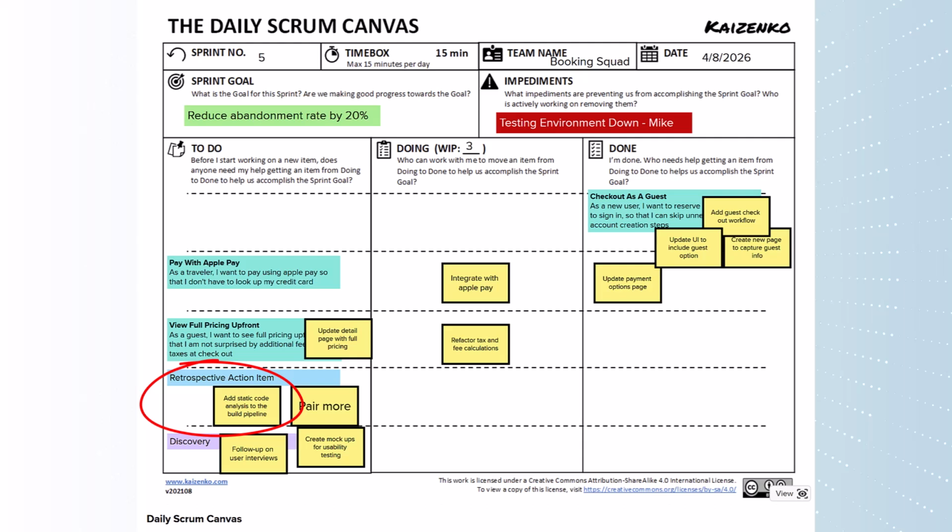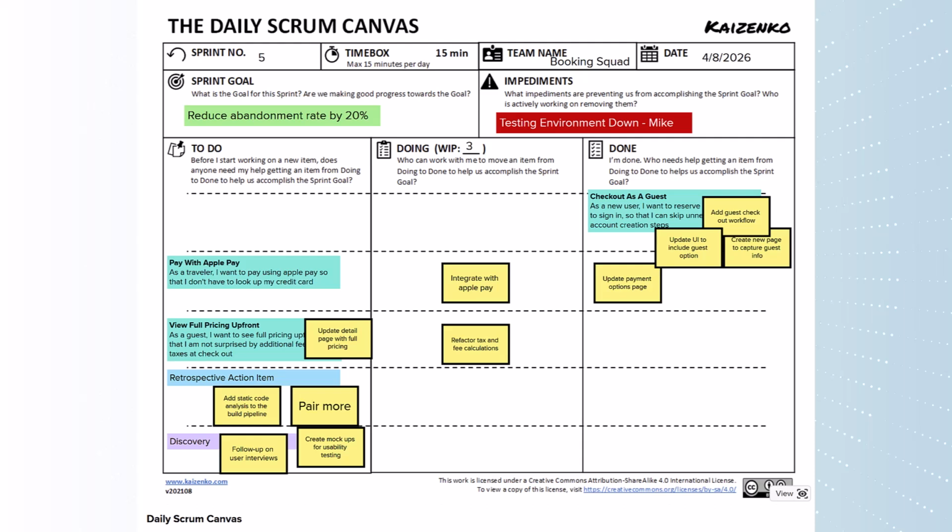Unless John or Priya need any help with Apple Pay or pricing upfront." Similarly, when it's Priya's turn, Priya can ask for help. This way, the team is always focused on the sprint goal and not just their individual tasks.